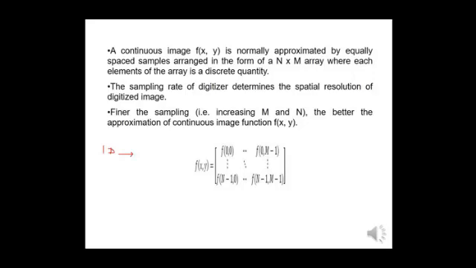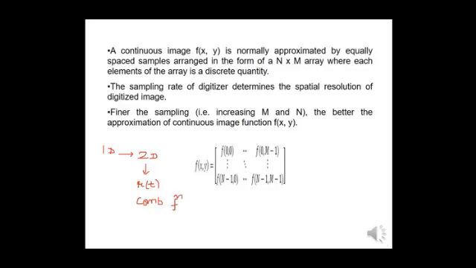Now a continuous image, represented in the form f of x comma y, can be sampled into arrays. As shown below, a 1D signal can be sampled into a 2D image, represented by h of t. For this we require a block called a digitizer.